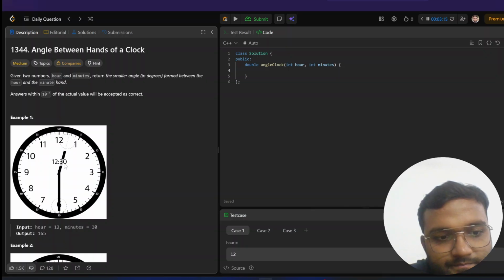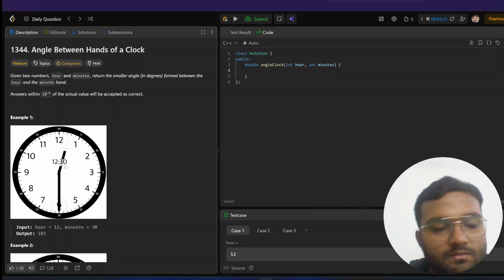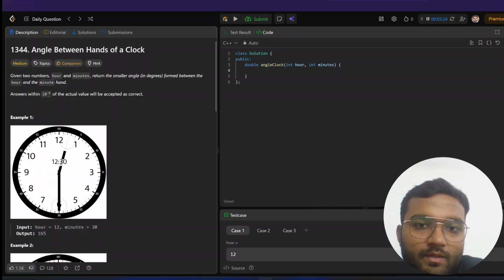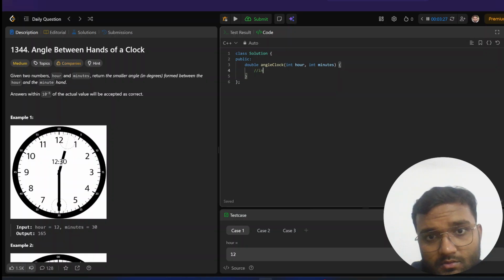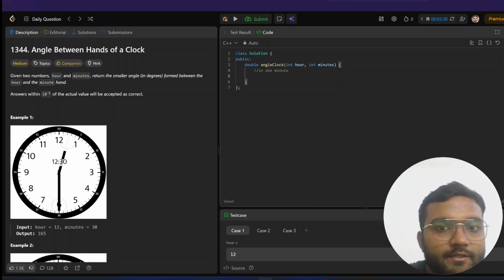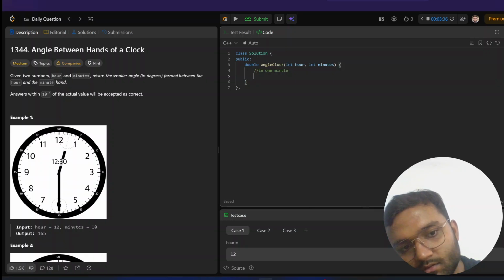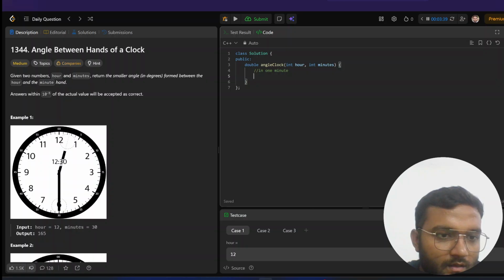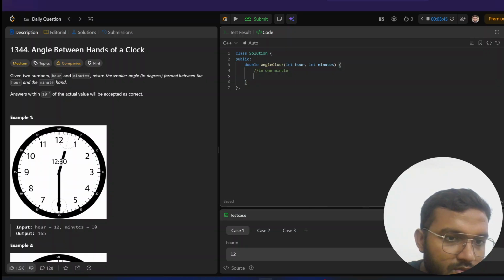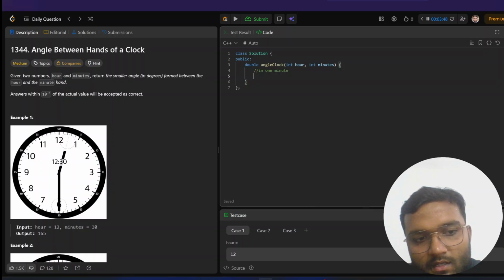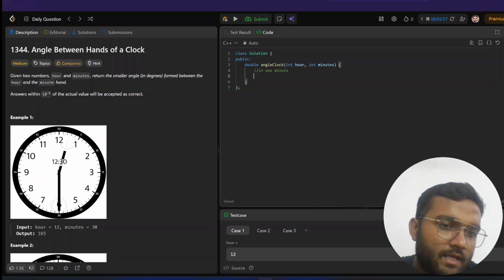But first we have to calculate in 1 minute how many degrees. I can see in 30 minutes I got 180 degrees. In 15 minutes I will get 90 degrees.